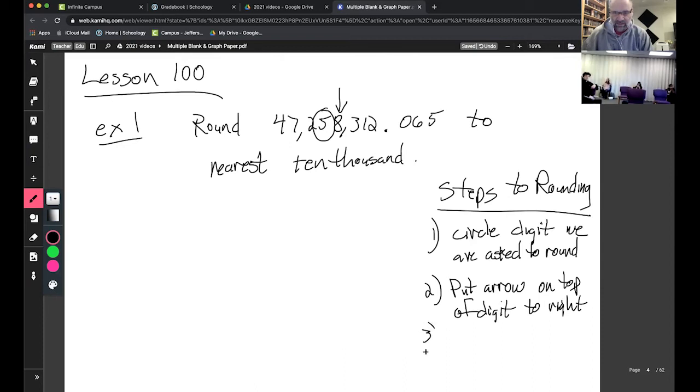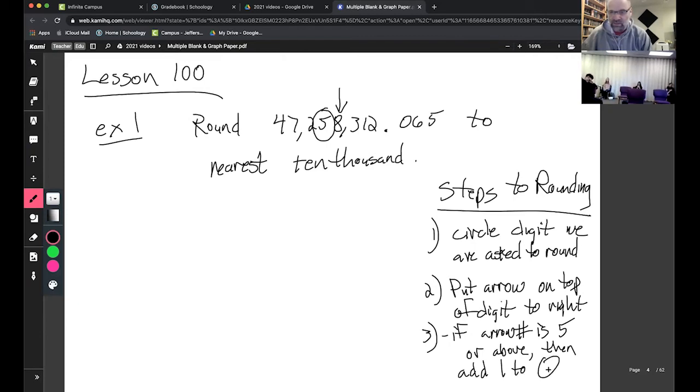Okay, so if, and this is our scenario, if the arrow digit is 5 or above, then add 1 to the circle digit.